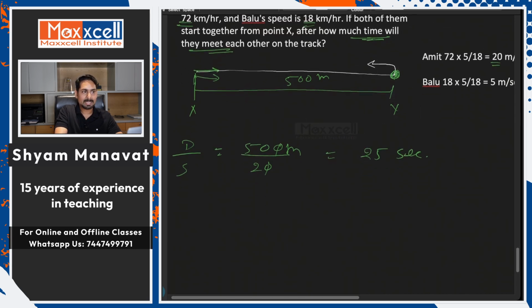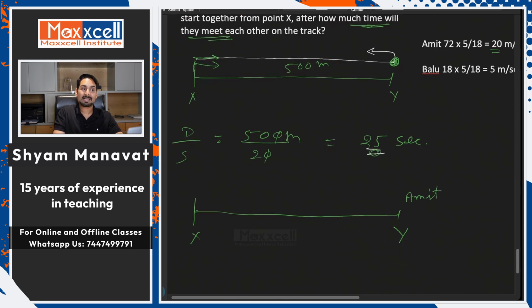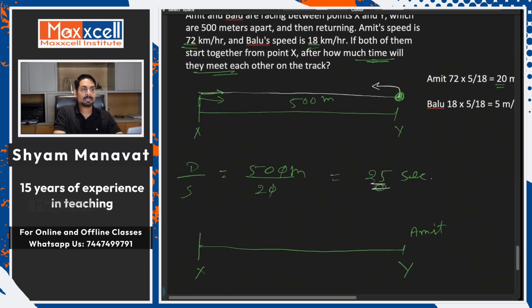So let's see what is happening in these 25 seconds. Let me draw a different diagram for you to understand. Now when Amit is here at point Y in 25 seconds, where is Balu?